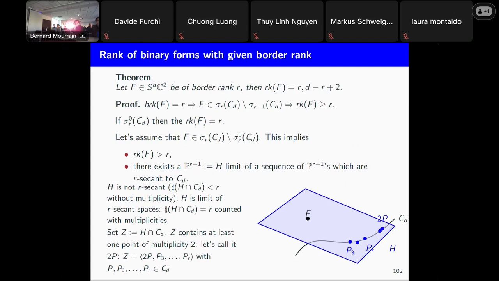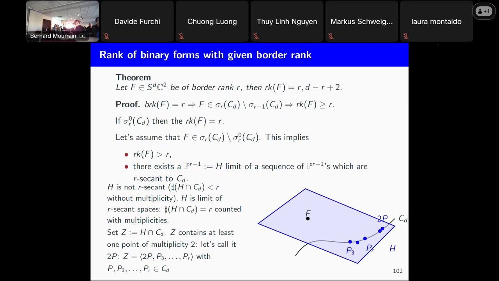So I have my Gaussian curve over here. I take R points on that curve. They span some P^(R-1). I look at some sequence. And if my point has border rank R, then there is a sequence of these that reaches my point.